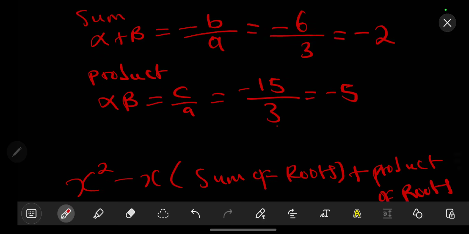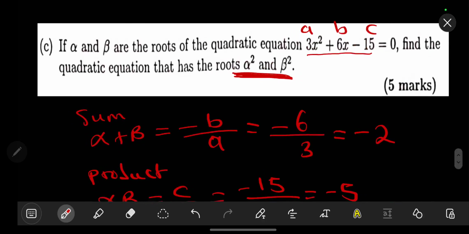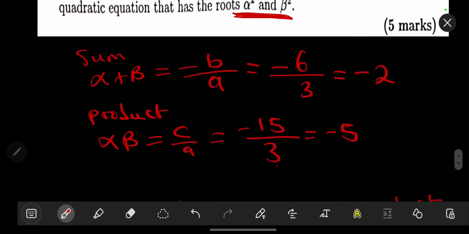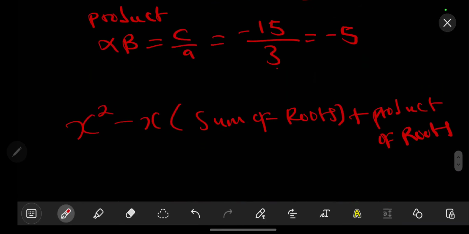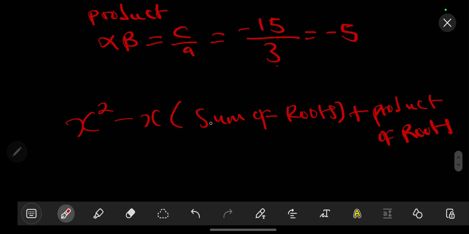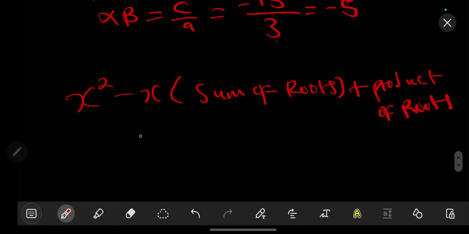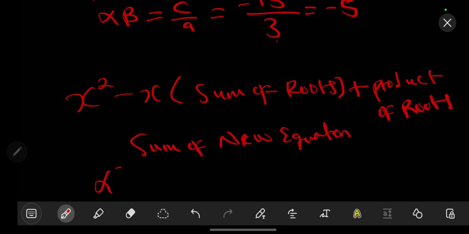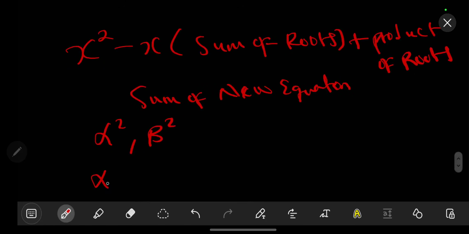Now we cannot replace these because these are for this other equation. So now what we are going to do is find the sum of the new equation. If the equation has alpha squared and beta squared, the sum means alpha squared plus beta squared.